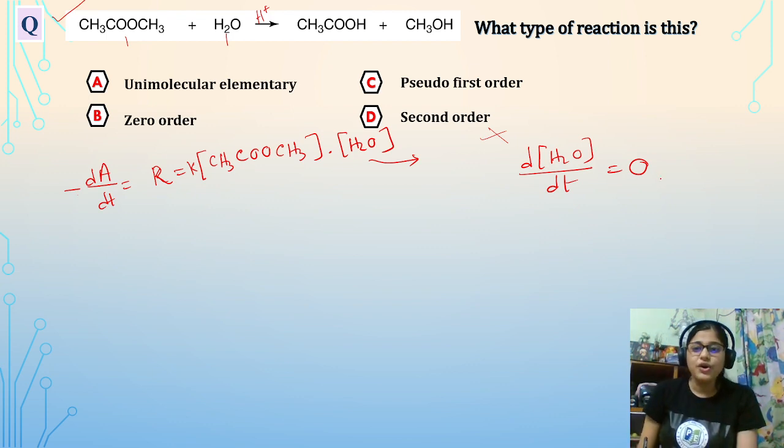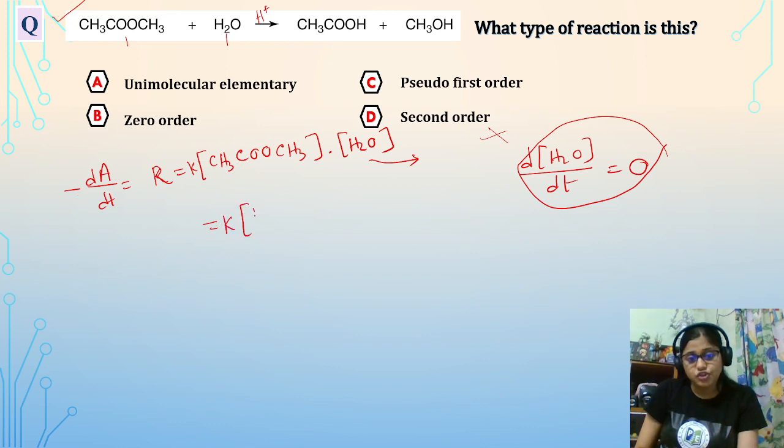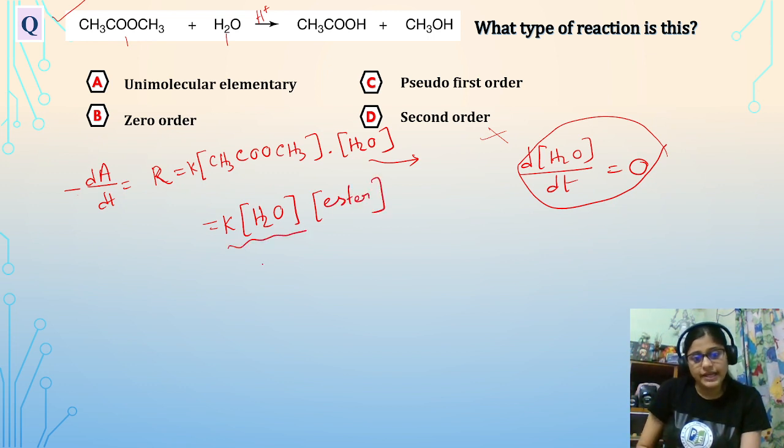So we have to take the H2O concentration as constant. Then K[H2O] into ester will be here. This is again a constant, obviously. So K dash [ester].